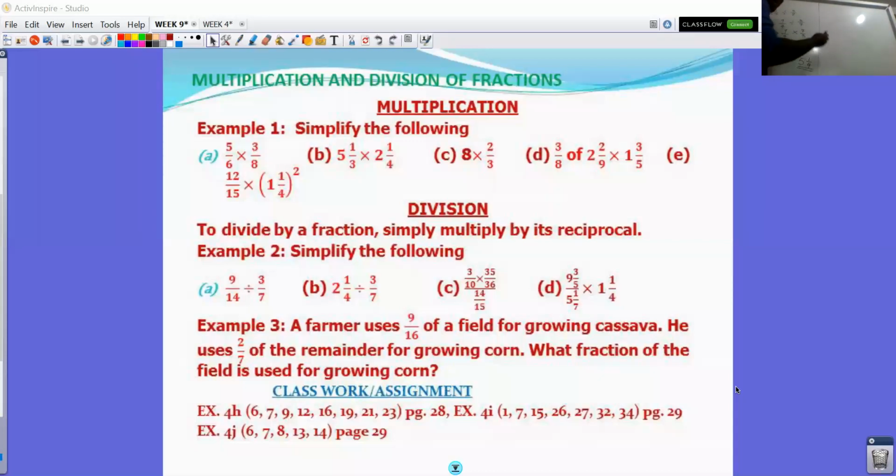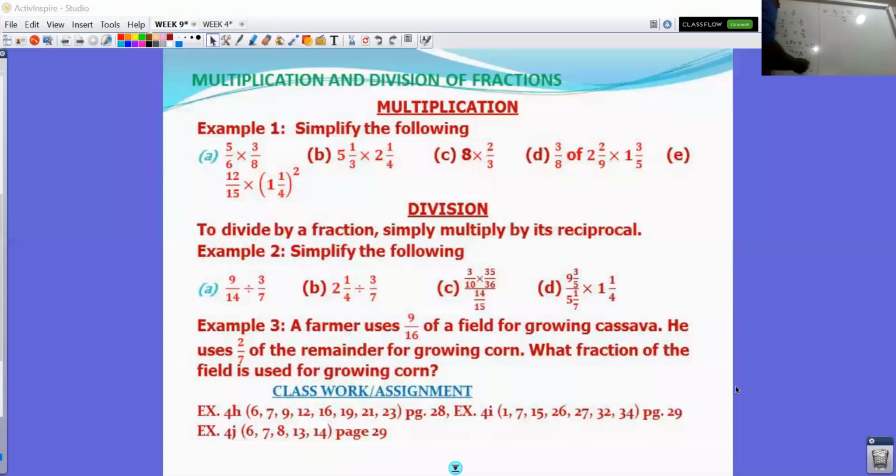Question C says 3 over 10 times 35 over 36, everything over 14 over 15.